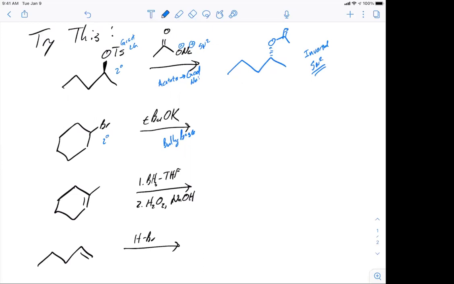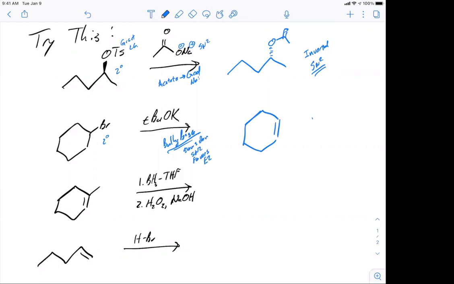With a bulky base, what that does is slow down SN2, so therefore it favors E2, right? So with the big bulky base, substitution gets decreased, E2 gets enhanced, so I would expect an elimination here, E2. And you've got two groups of beta hydrogens, but both sets of beta hydrogens give me one product.